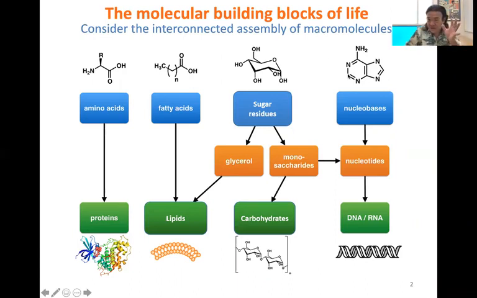So to start off with, let's start from the right side here. We've learned about how nucleotides consist of a nitrogenous base, such as what's pictured here, put together with a sugar ring and a phosphate group, right? These nucleotides then get chained together as long polymers to make DNA and RNA.